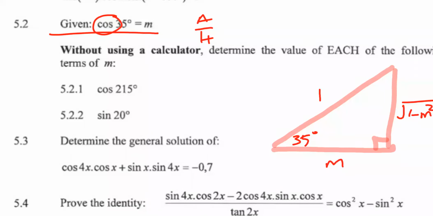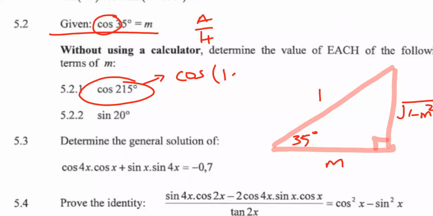Right. Now, without a calculator, let's work out the first question. Cos of 215 degrees. Muhammad, what will we do here? I turned it into like 180 minus 35. 180 plus 35.